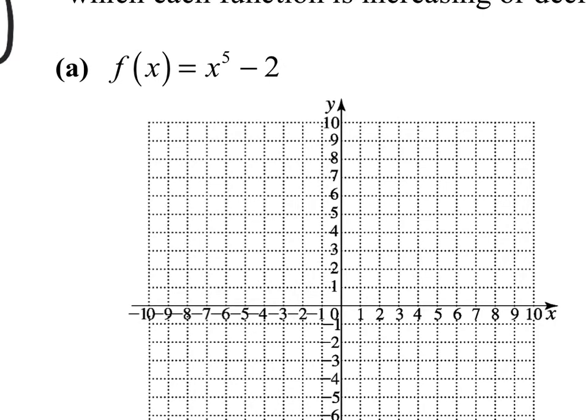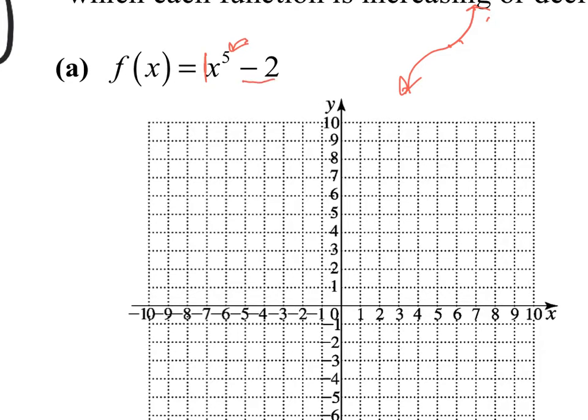First of all, pay attention. That's an odd power. Also pay attention. There's a positive number in front. So if I wasn't even graphing it on the grid, it has to look something like this. It has to fall to the left, rise to the right. I just have to figure out where does it go.